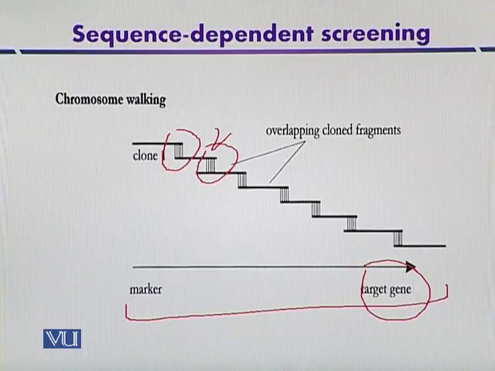So in this way, the next DNA fragment, because of its overlapping ends, can be used as a probe to detect the next fragment. In this way, we can move along the whole length of the chromosome, and because of this reason, this technique is called chromosome walking.